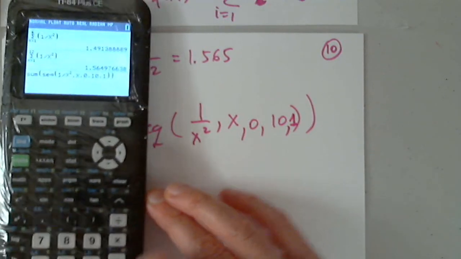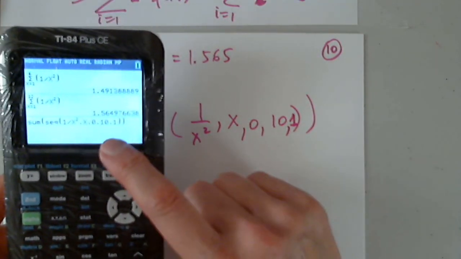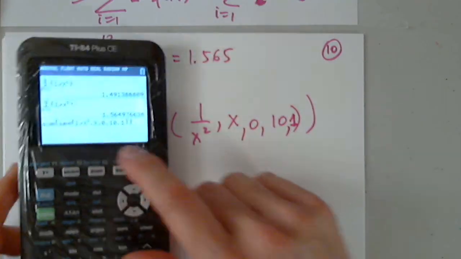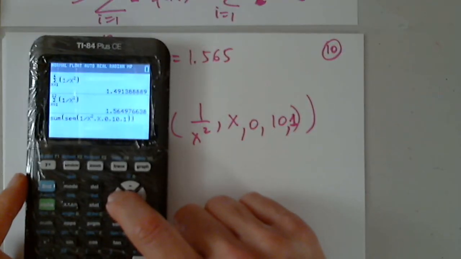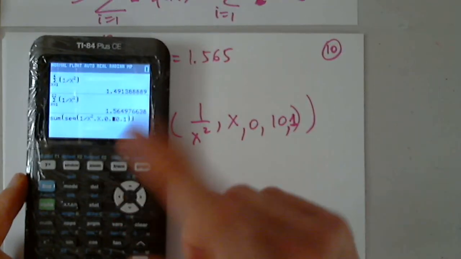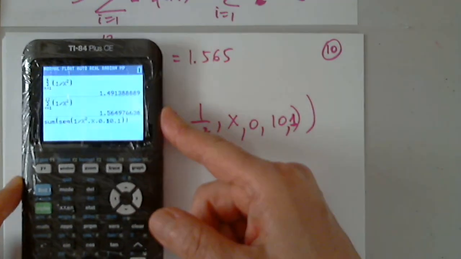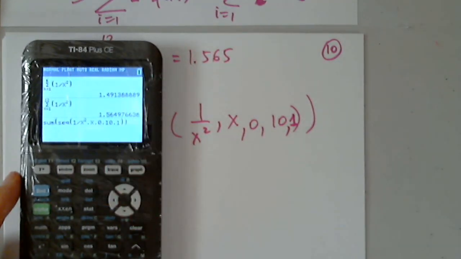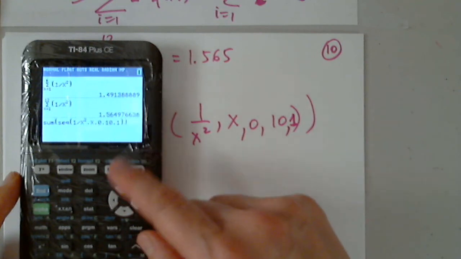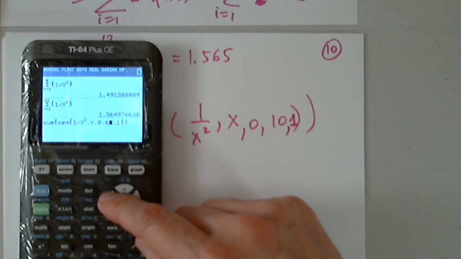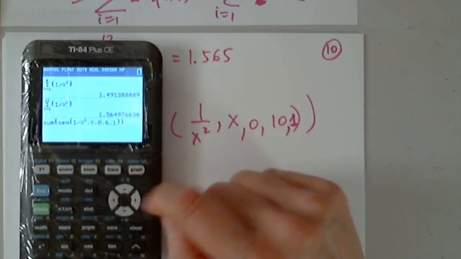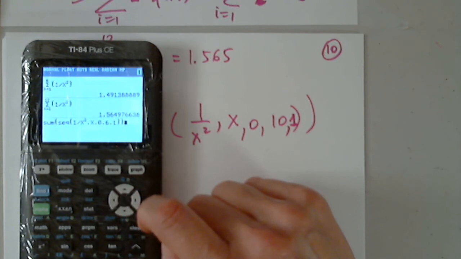So the increment 1 through 10, why did I put 10? So we want to determine this one. So it's still 1 over x squared, that's correct, and then x and 0, and then to 6, and the increment of 1.